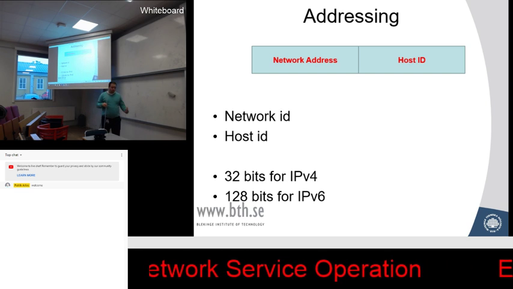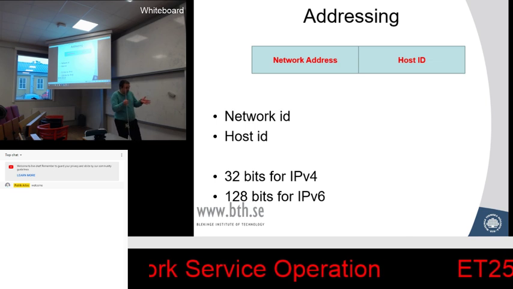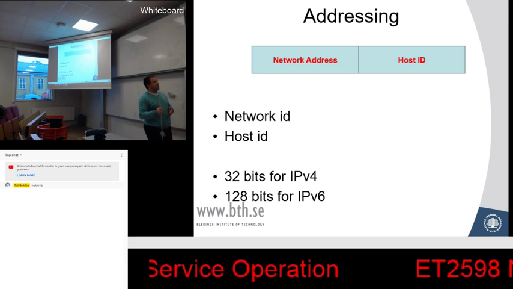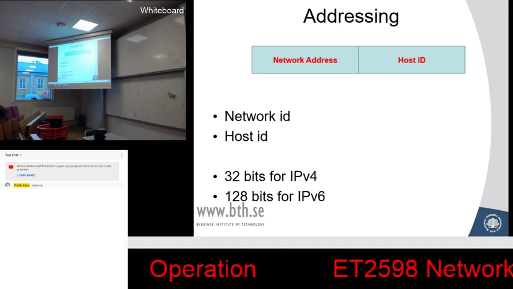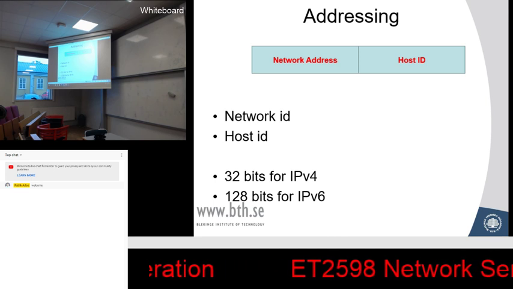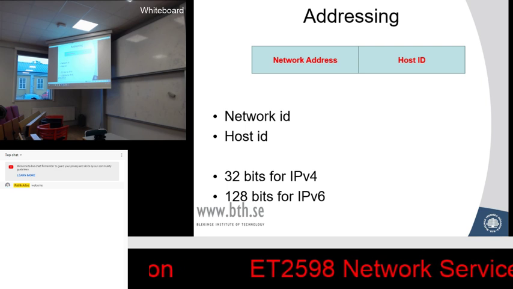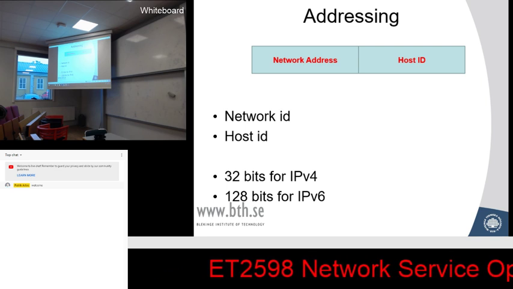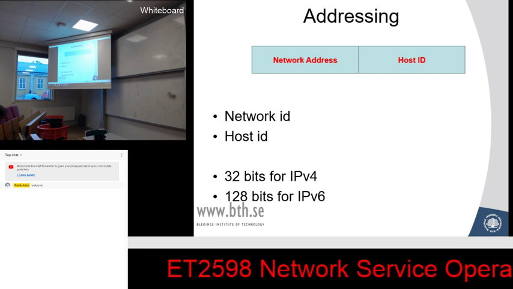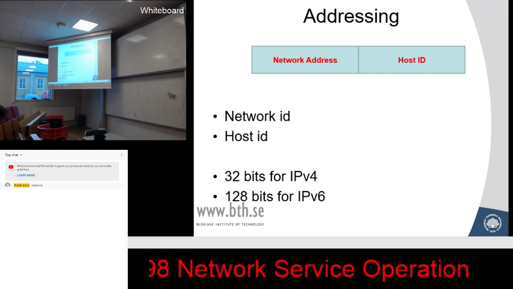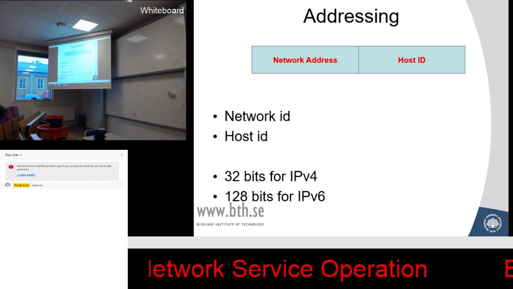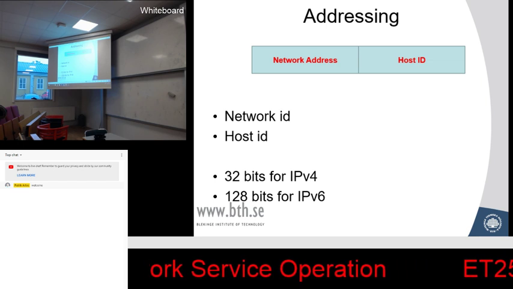For IP version 4, the address is 32 bits, whereas for version 6, it's 128 bits. So there's a little bit more there. But remember the split: network, host. So an address comprises two parts, network part and host part.